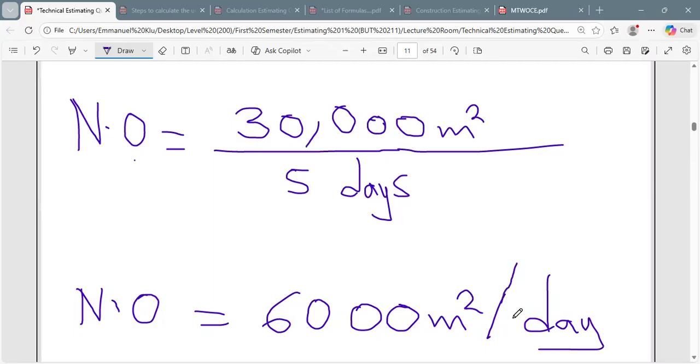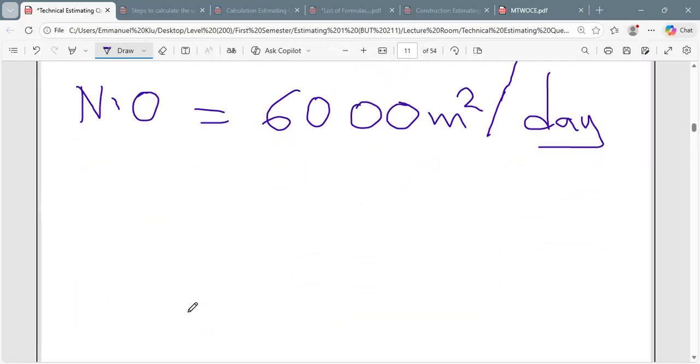So if you divide 30,000 by 5, you're going to get 6,000 meters squared per day. So that is our new output.